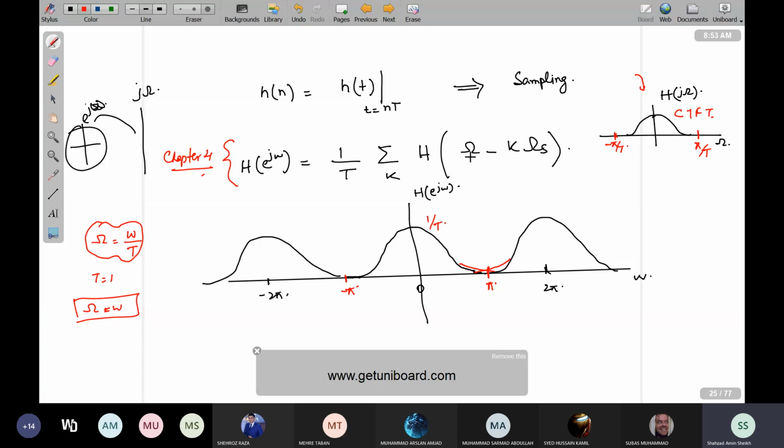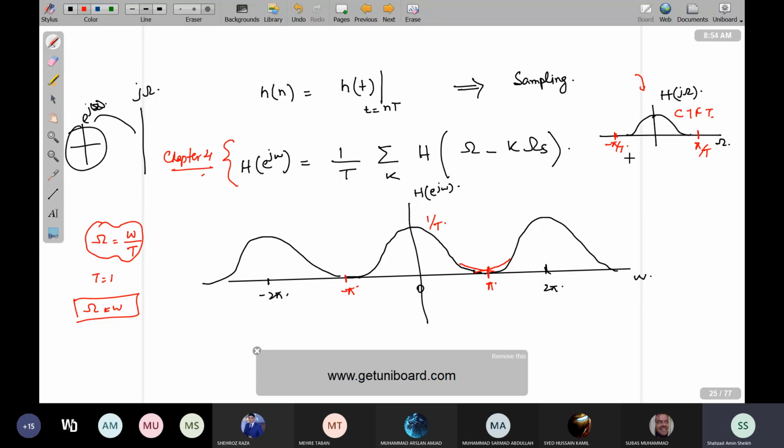And what's this H of omega? H of omega is the original copy, the CTFT of that. This equation shows that I will have multiple copies of H of j omega when it is converted into H of exponential j omega. You have seen it in chapter number 4, that you have multiple copies as a result of sampling in the time domain.